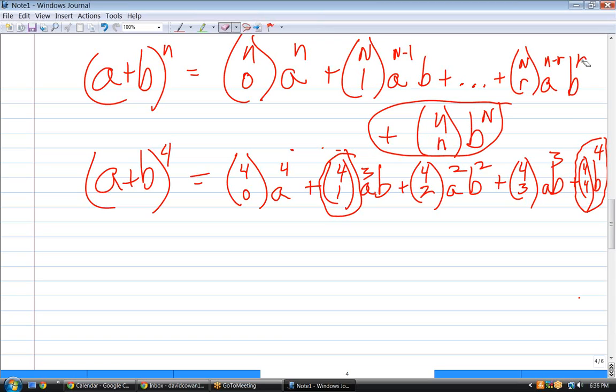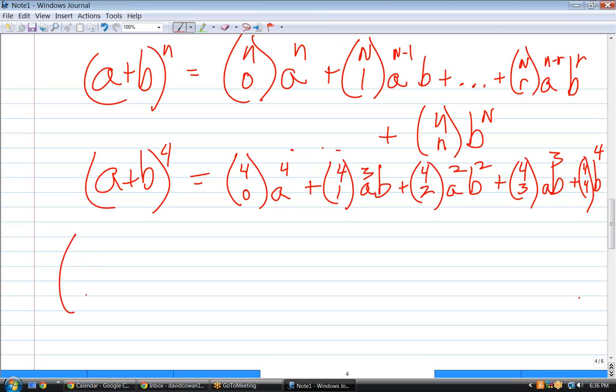So this problem, let's see. This one just wants you to find the coefficient of x to the 10th in the expansion of 3 plus 2x squared, and all that.